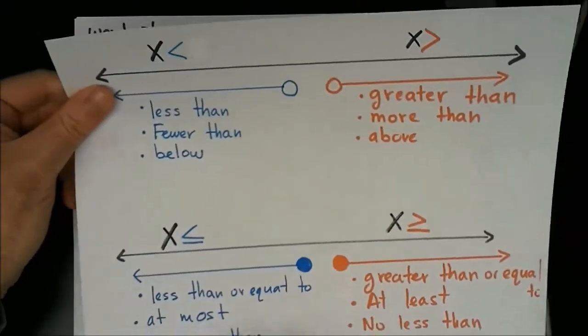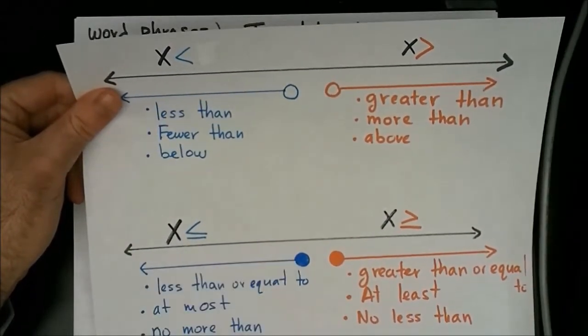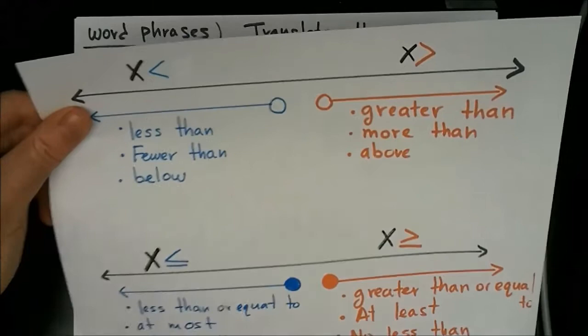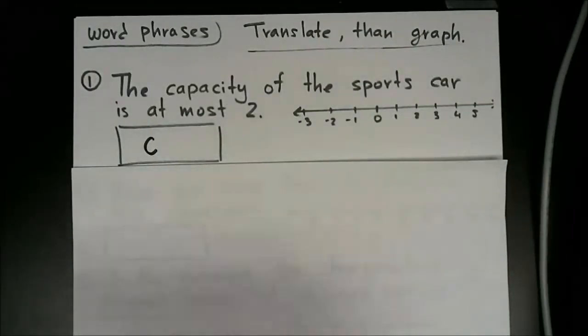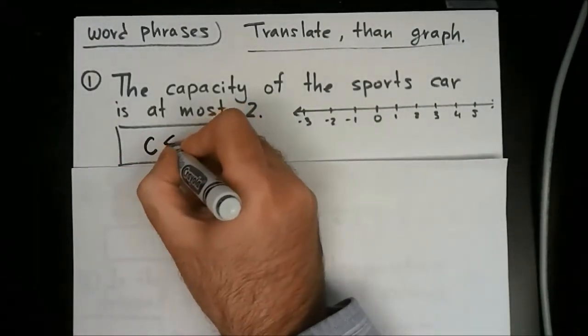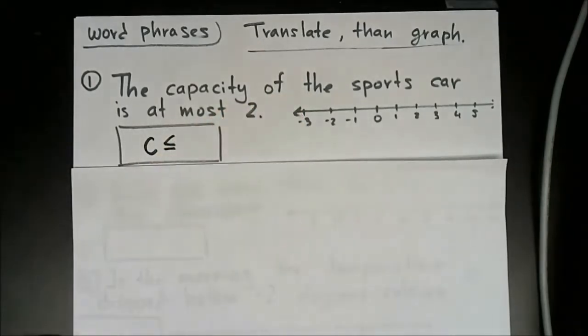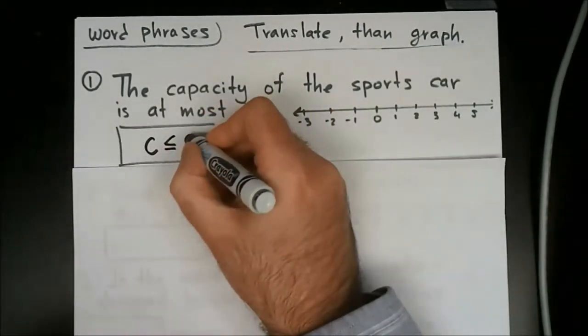Remember, at most, the sharp end has to be pointing towards the variable, like this, and at most 2.